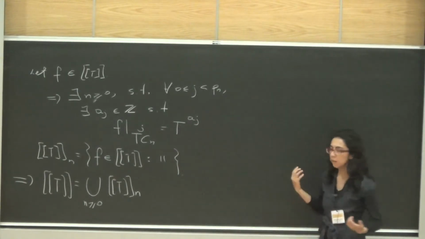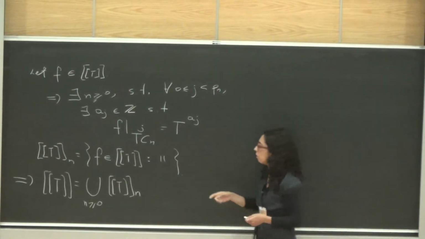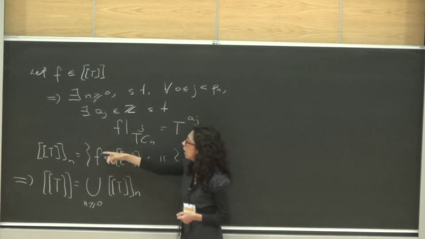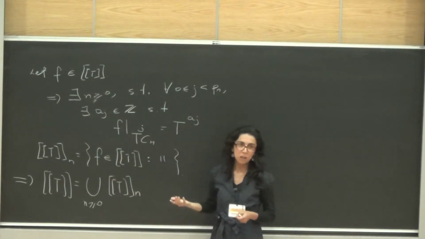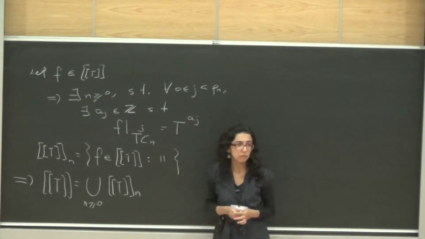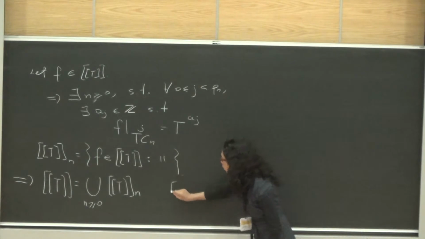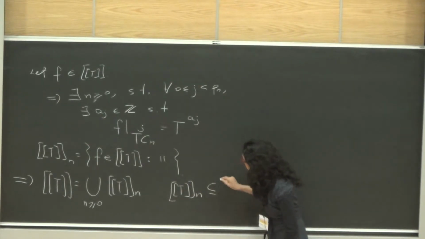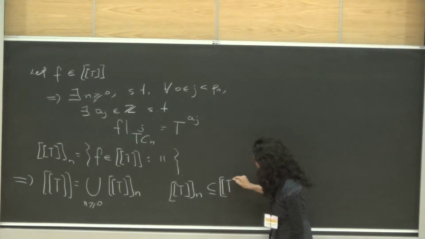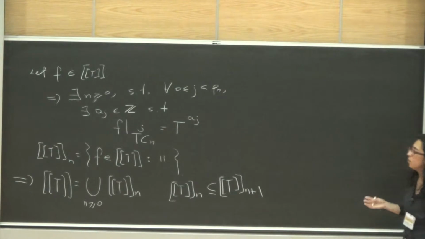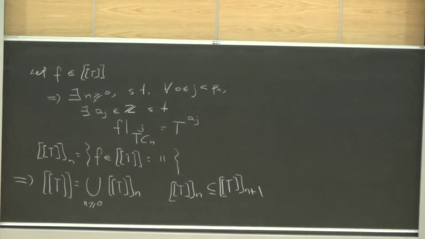And this is an increasing union. So something which is the action of an element of the group on every element of the partition Pn will have the same property for the elements of the partition Pn plus 1. So this is an increasing union.